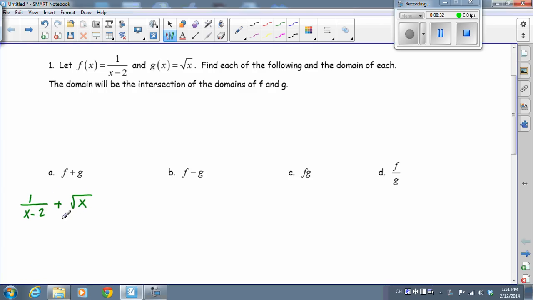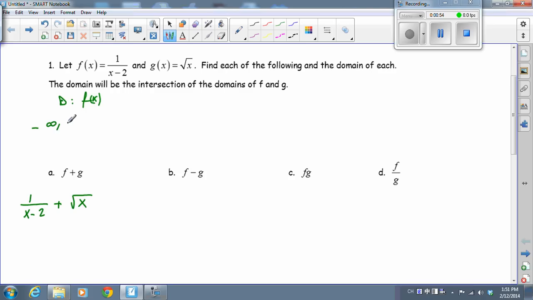Now, just like we combine the functions here, we will also have to combine both domains. You already know how to find the domain of 1 over x minus 2. You know how to find the domain of square root of x. So I will go back first to the domain of f of x. The domain of f of x is all real numbers except 2.